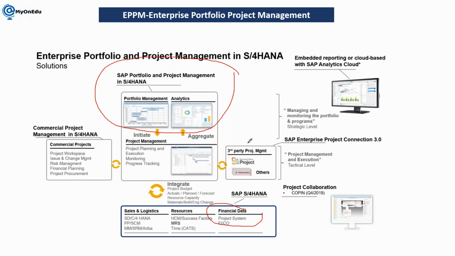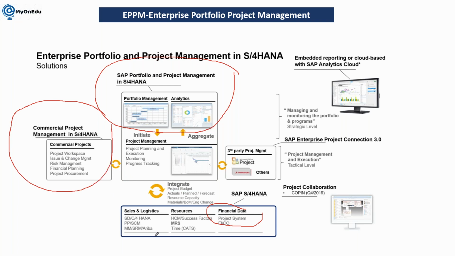We can manage external ones also, but it mainly focuses on internal or IT projects, where you just want to manage your resources. And extending it, to cover more from the customer project perspective, they introduced one more module called CPM, Commercial Project Management.